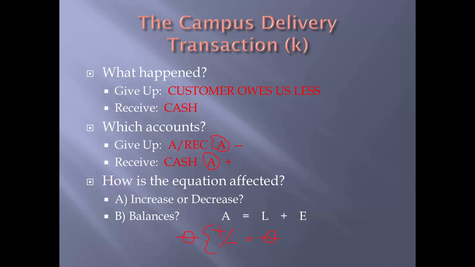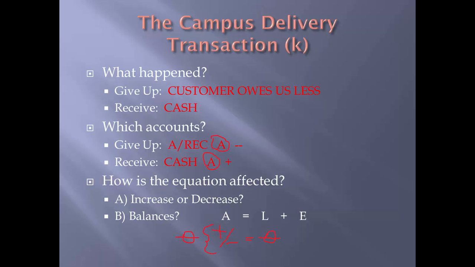So in other words, we used to have a lot of money that the customers owed us that was in the customer's pocket and no money in our pocket. Now the customer has given us some money, so now there's more money in our pocket but less money in the customer's pocket. So that's what we're giving up, the fact that we now have less money in the customer's pocket. The customer owes us less.